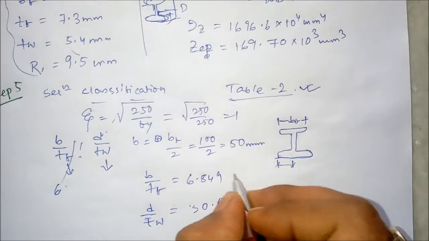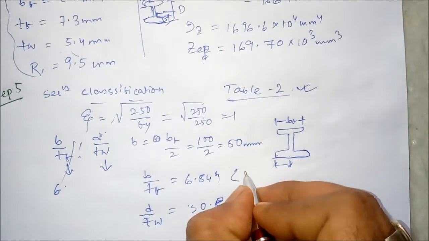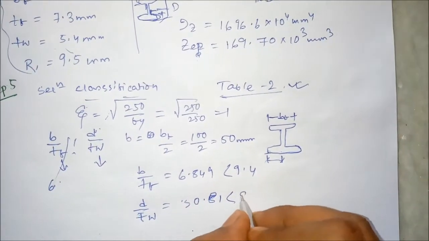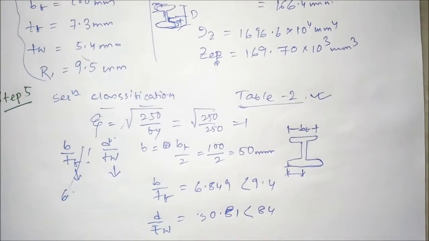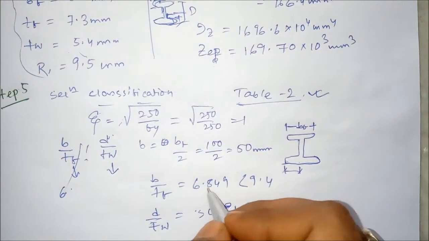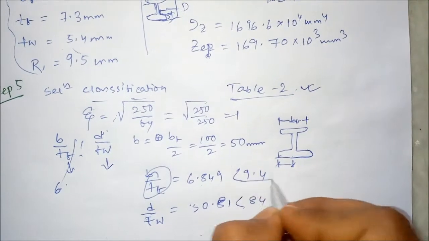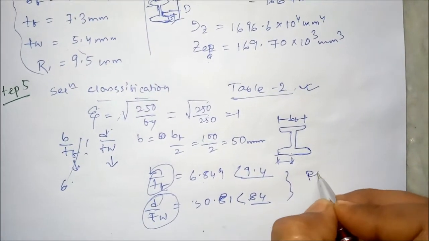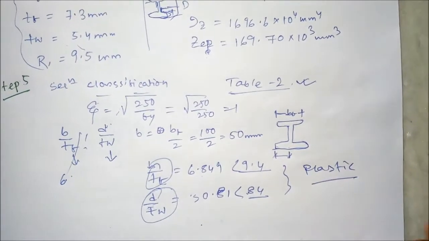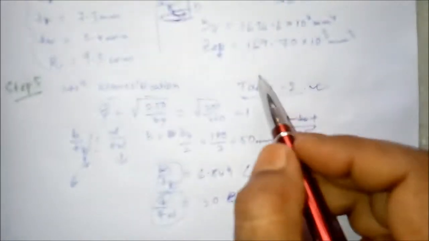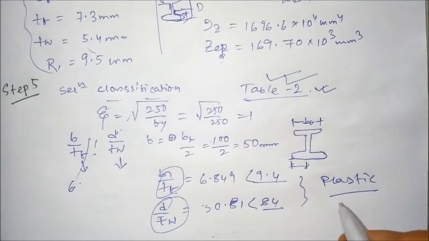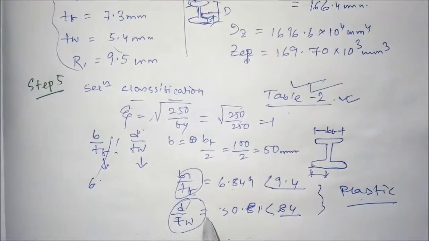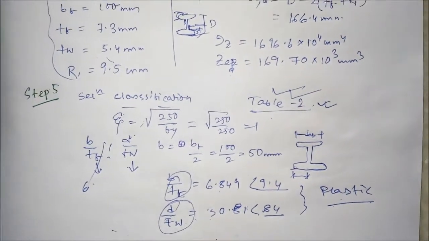Now you can easily see this is lesser than 9.4 and this is lesser than 84, right? So if this value is lesser than this and this value is lesser than 84, we can say this section is a plastic section. You will get this in Table number 2, so from Table number 2 this section is a plastic section.